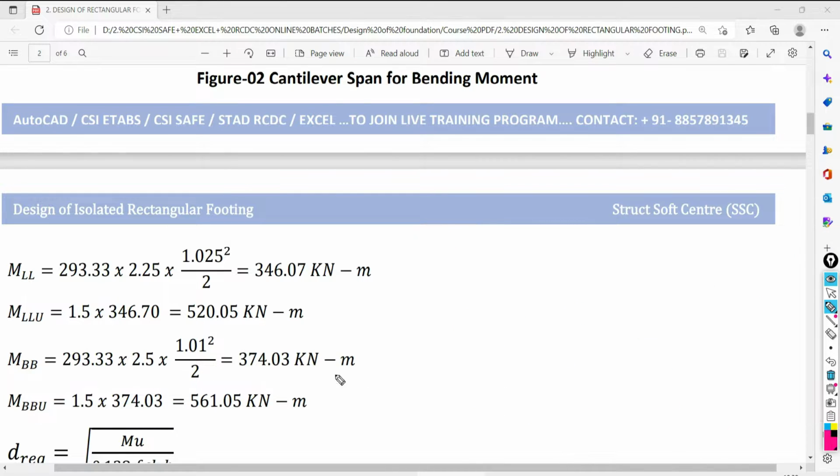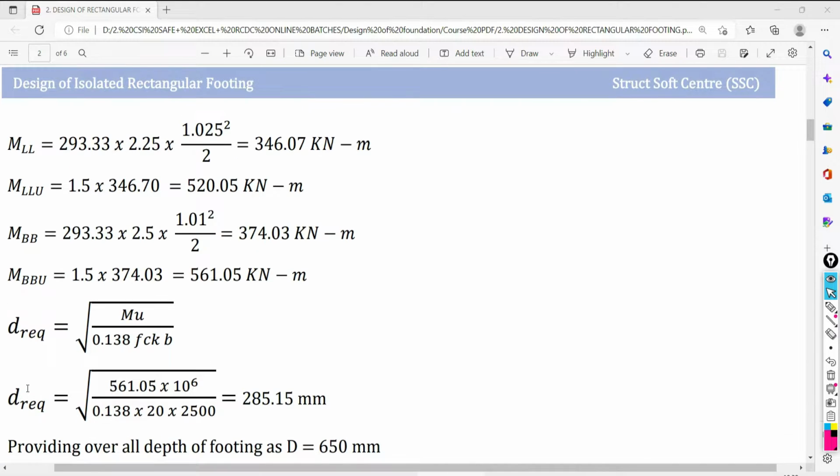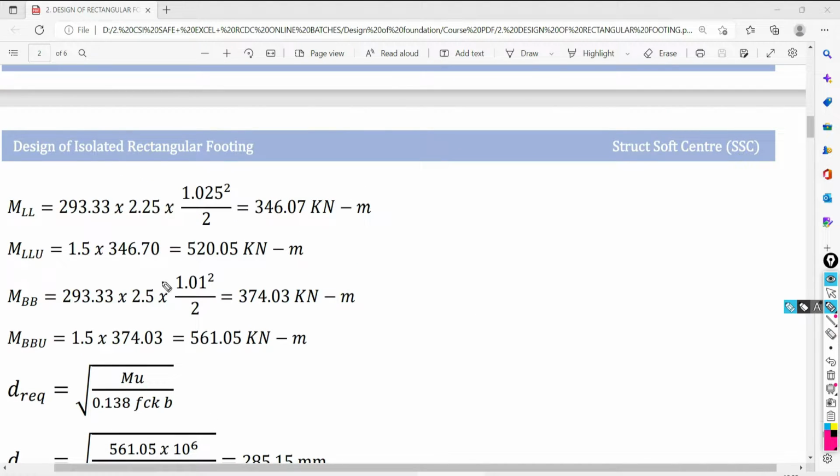Now here the same formula we are going to use for finding out the depth required, but here two moments are there. One is 520, one is 561. So you will be confused about which moment we have to use for finding out the depth. The maximum moment will give the maximum demand of the depth, the maximum requirement of the depth.